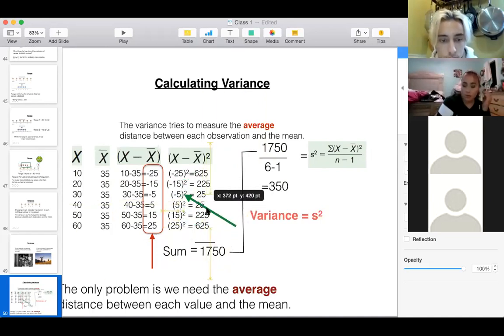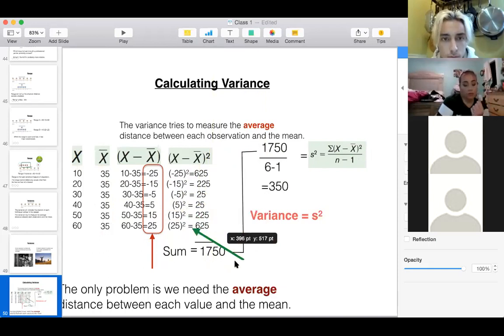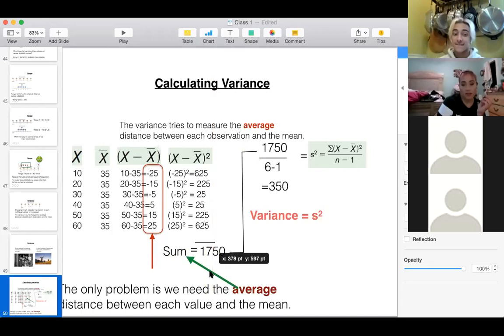Teddy, what do we have to do to that column? There's your hint, Teddy. We've got to make it all positive.